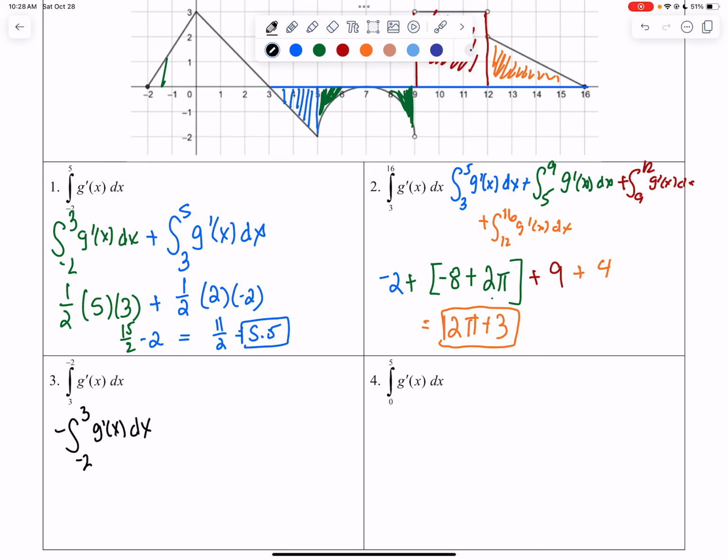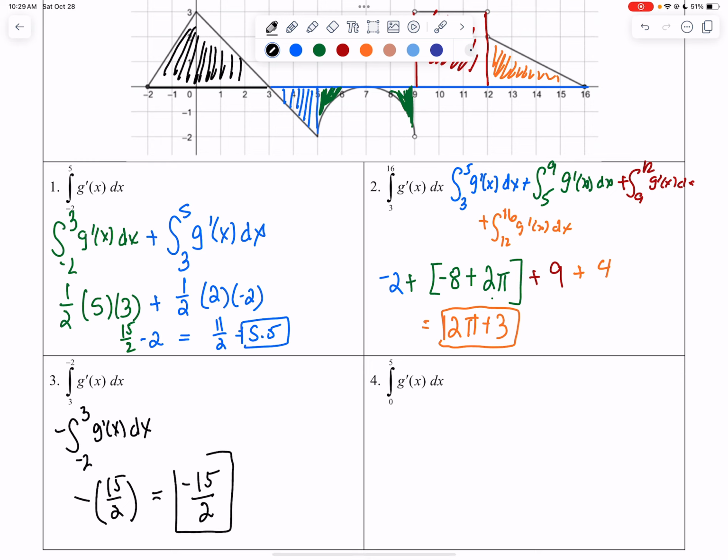So I could find the area from -2 to 3, which is this triangle right here. And we already found that triangle from number 1. That was 15 over 2. So this is going to be 15 over 2. So you get -15 over 2 as your answer.